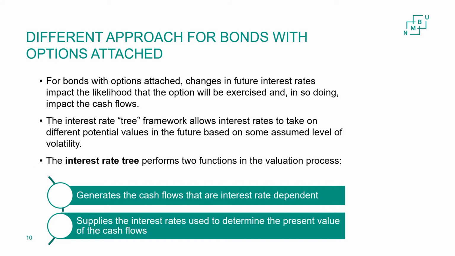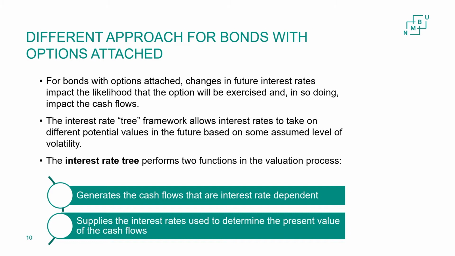And we know that the bond price varies with the interest rate level. So with the interest rate risk in the market, you might end up in an interest rate range where the option is exercised. This means that we have to create an interest rate tree to actually be able to calculate the bond price with the option attached.